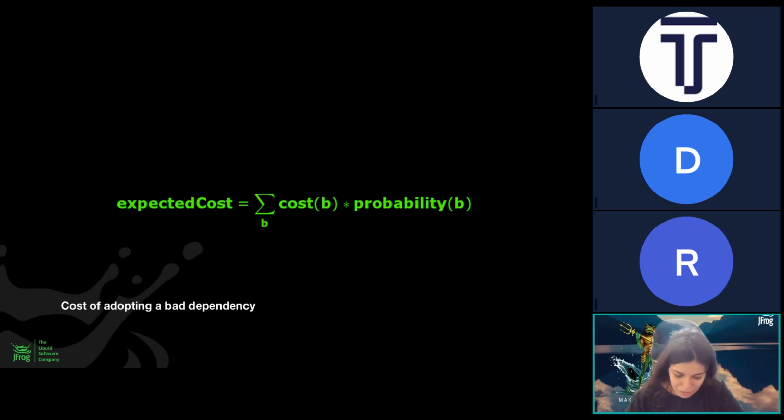Sometimes it could be very, very costly, especially if it can harm our OS or some servers, or get into our system. So the more insecure or exploitable it is, the more costly it can be.